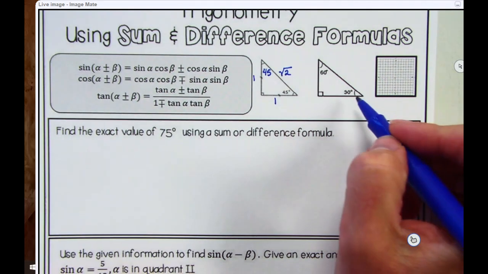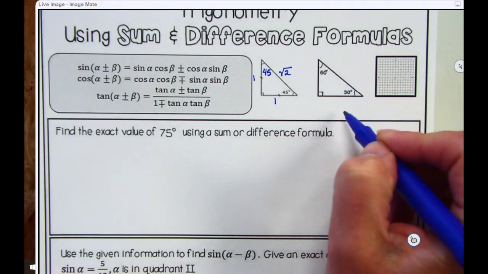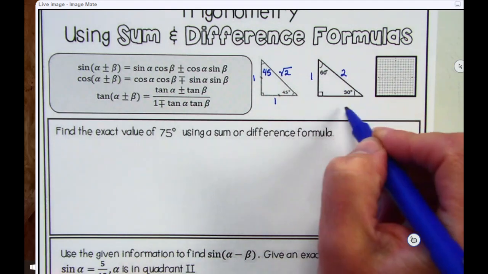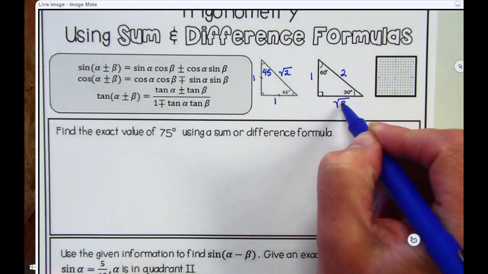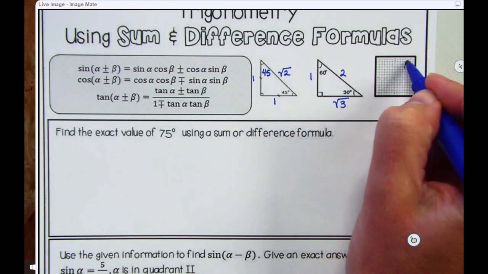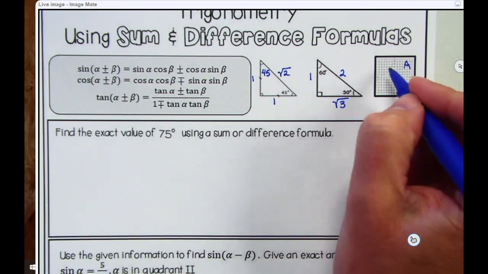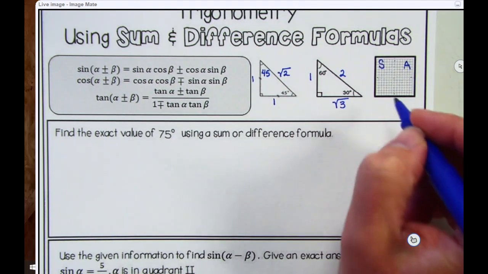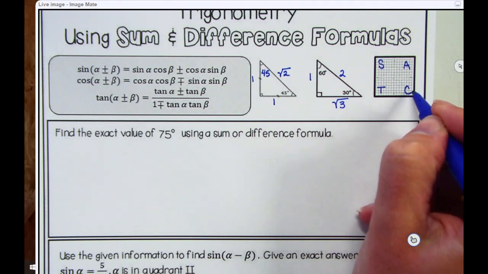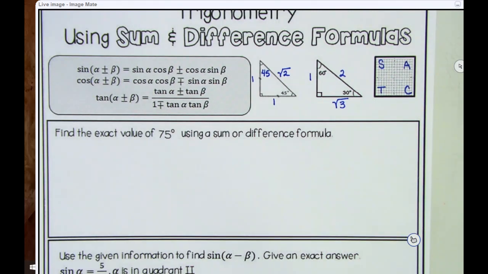And if we've got our 30, 60, 90 triangle, this is 1, 2, square root of 3. And then remember, depending on our quadrants, they're all positive here. Sine is positive here. Tangent is positive here. Cosine is positive there.